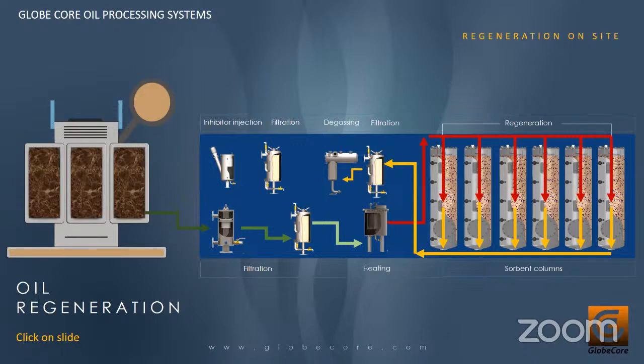After that, the oil is degassed and dewatered by the degassing chamber, and is supplied to the fine filter with a filtration ratio of either 5 micron, 1 micron, or 0.3 micron, depending on customer requests. So there are different variants of filters. And as a final stage, the oil is supplied to the inhibitor injection unit.